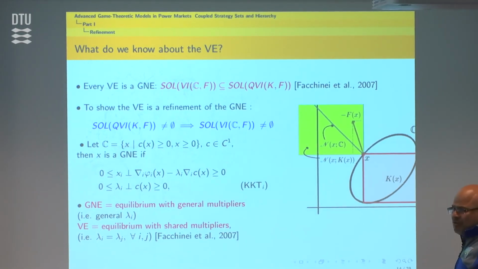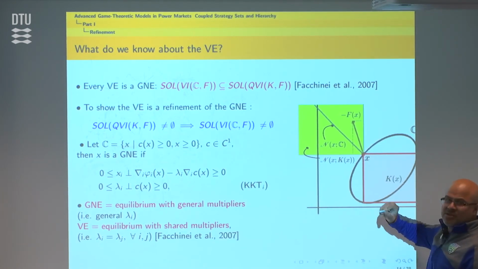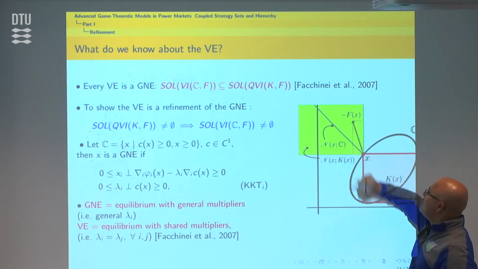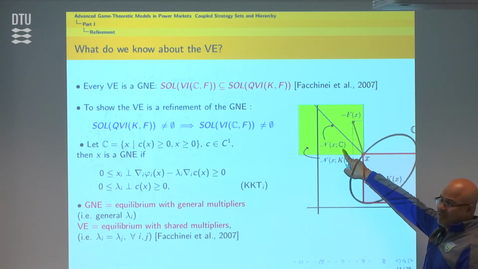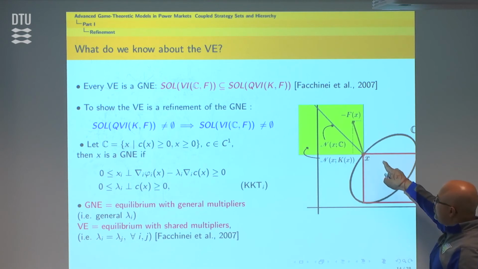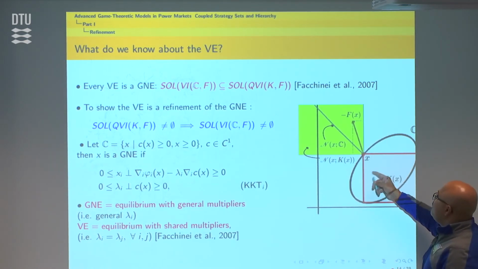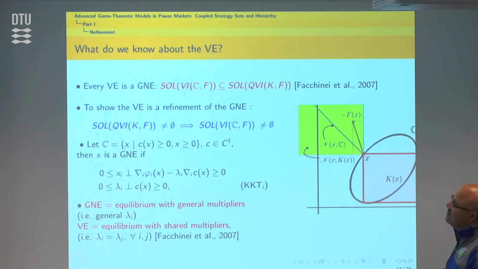If x is on the boundary of the set, then x is a solution to VI(C, F) if negative F lies in the normal cone of C at x. And x is a solution to QVI(K, F) if negative F lies in the normal cone of K(x) at x.